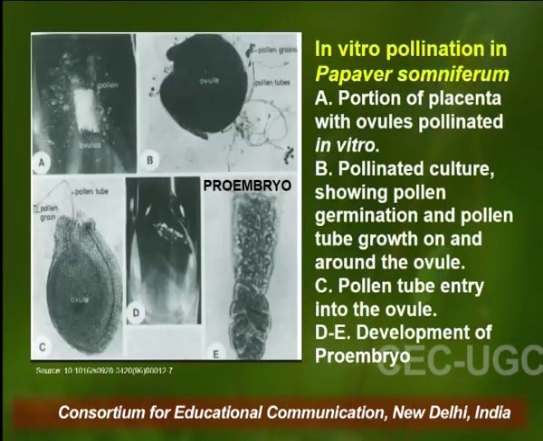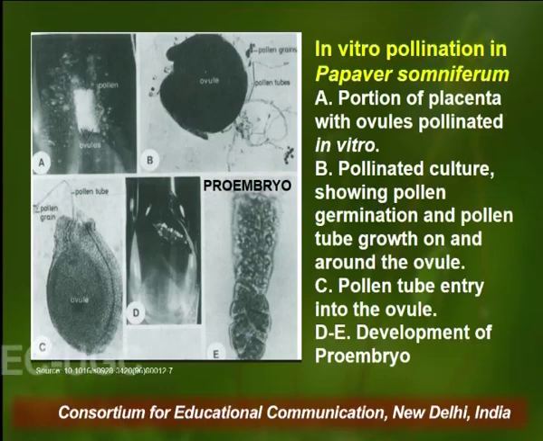Now, this is a picture taken from in vitro pollination in Papaver somniferum. In the first one, figure A, you can see a portion of placenta with ovules. So, this is placental pollination done. And then the second one is a pollinated culture showing pollen germination and pollen tube growth on and around the ovule.